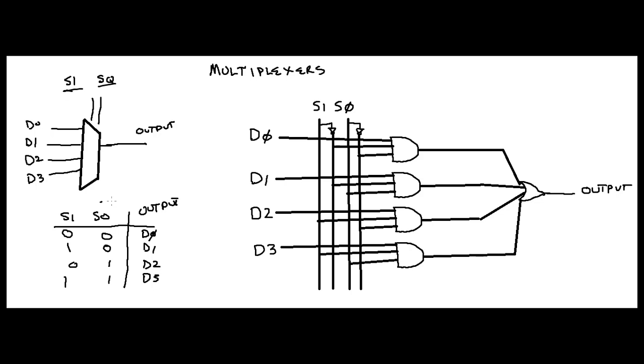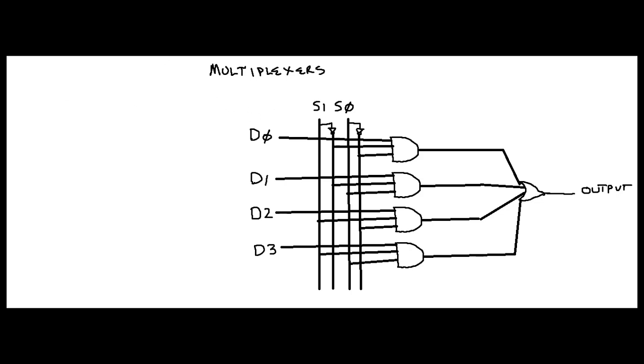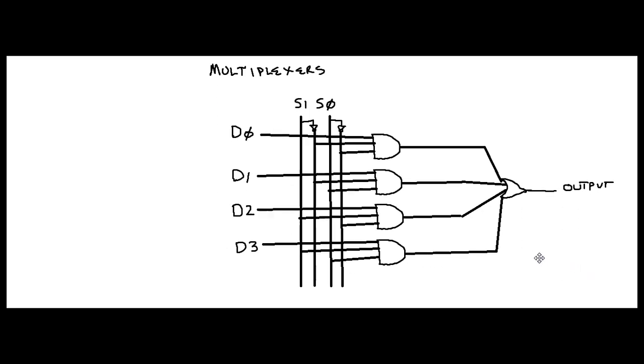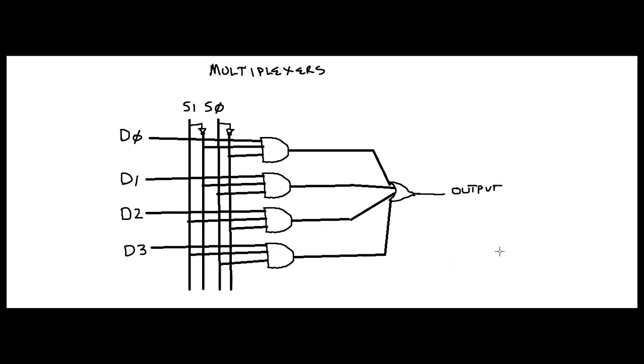So what's going on the inside of your multiplexers? I drew one of these for you. And what we have here, these are 3 input AND gates.